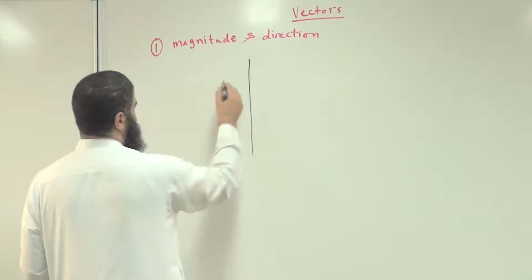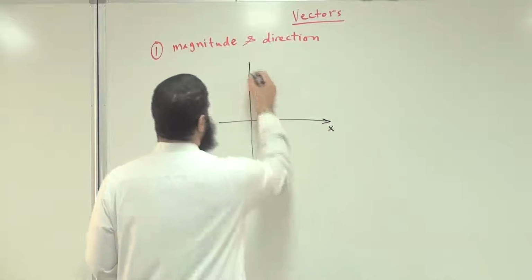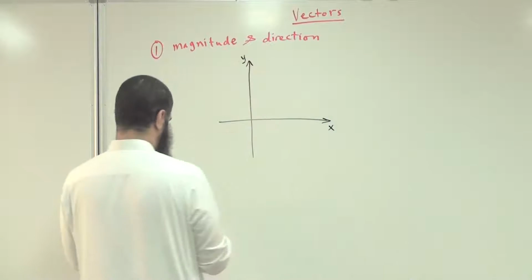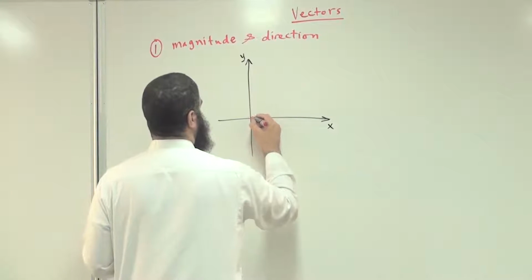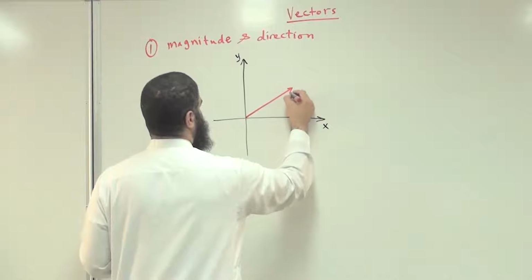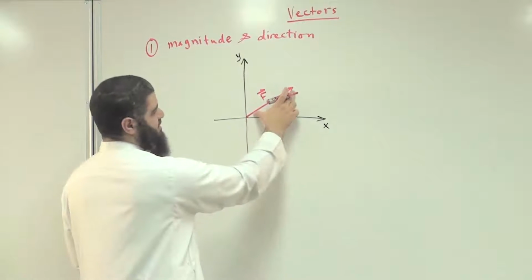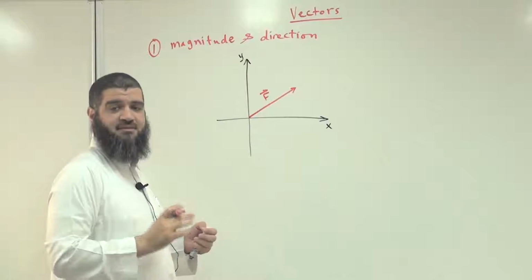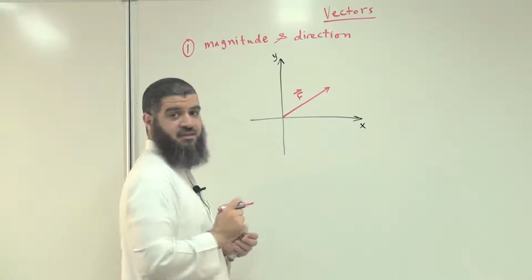This is the positive y, and this is positive x, and let me assume that this is my vector. I call it vector F, presented with a certain length. The length represents the magnitude, and this little arrow tells the direction.